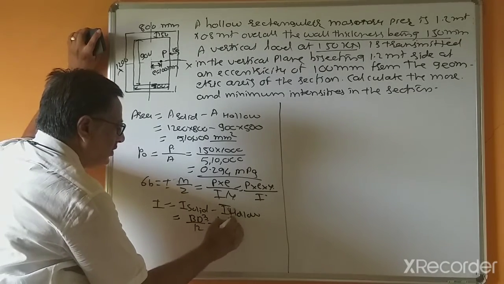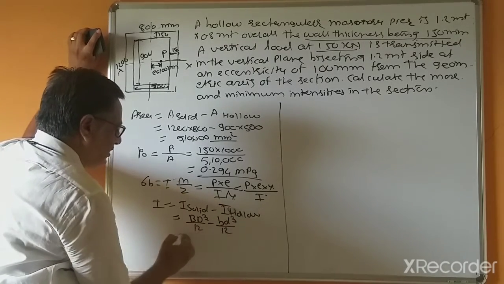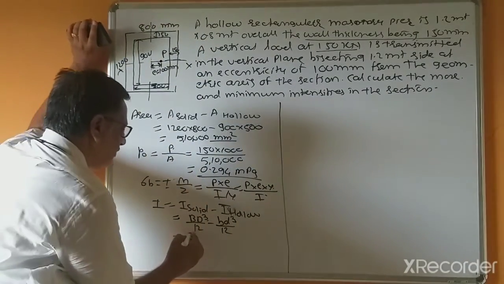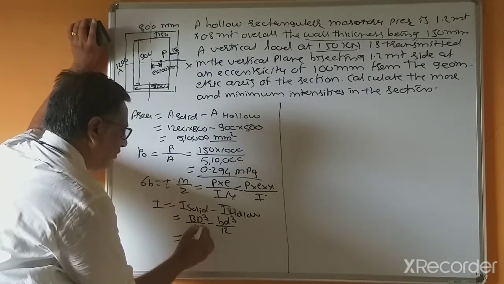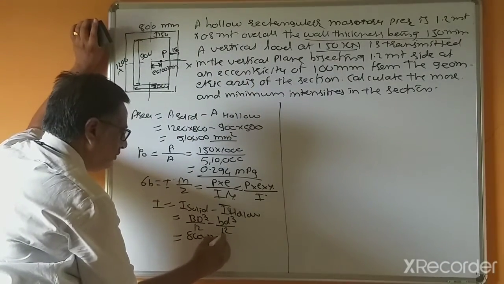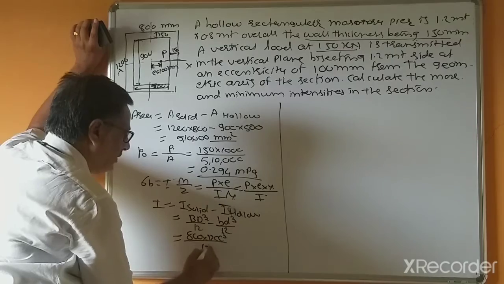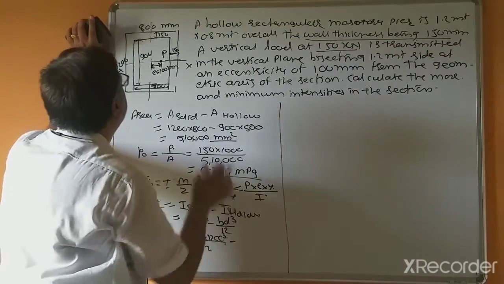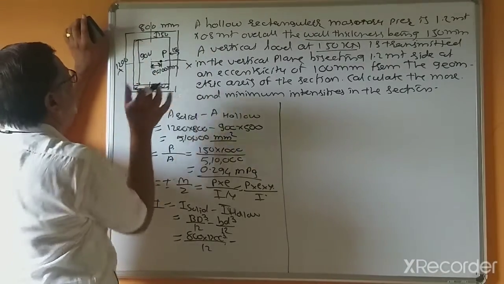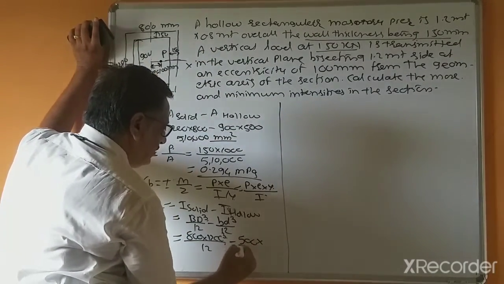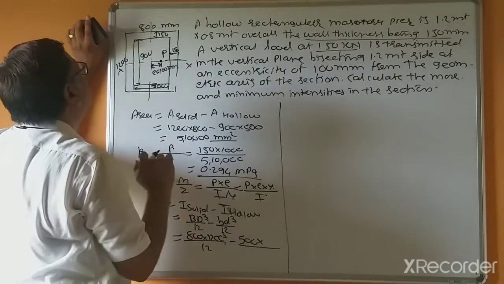Now capital B equals 800 mm, D equals total depth 1200 mm, minus b equals 500, d equals depth 900.